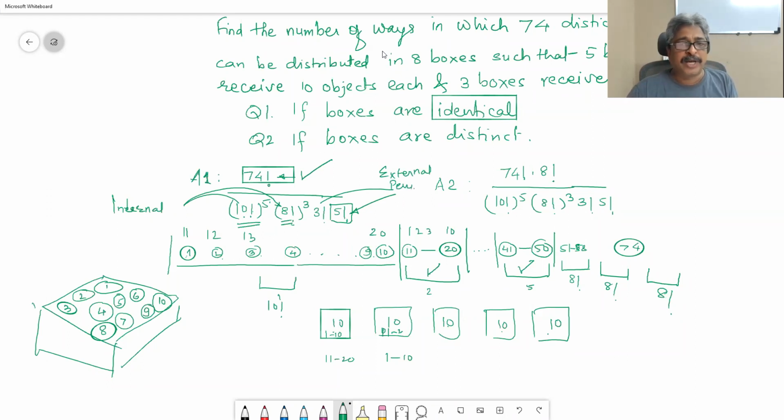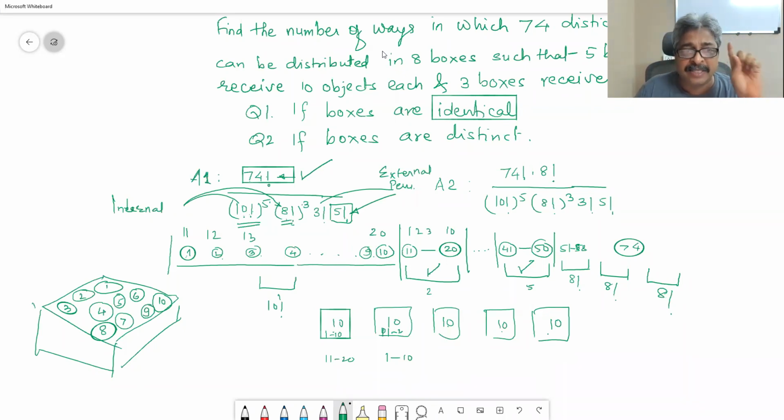And that is why, if the boxes are identical, the number of ways of putting 74 distinct objects is 74 factorial divided by 10 factorial raised to 5, 8 factorial raised to 3. Up to this point many students also get this answer, which is correct thinking.